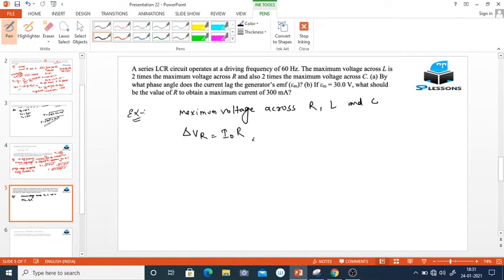We can write delta VL equals I naught multiplied by XL, and delta VC equals I naught multiplied by XC.